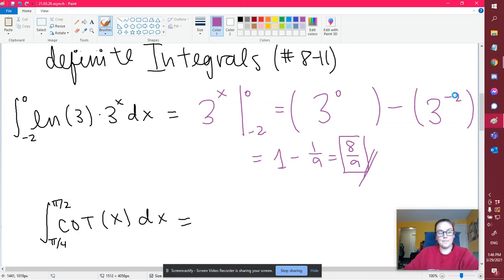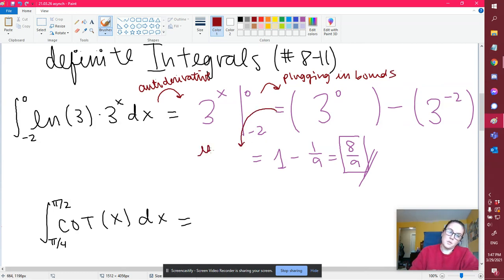Either way. Right, at this point it's just simplifying. But again, this is finding the antiderivative. This is plugging in bounds. And this is simplifying.